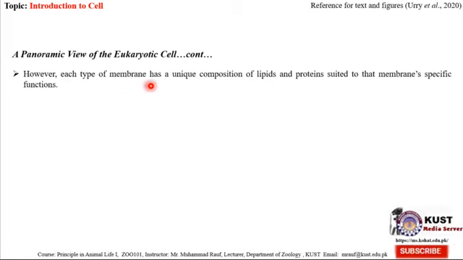However, each type of membrane has a unique composition of lipid and proteins suited to that membrane's specific function. So the enzymes and different components are embedded in different membranes.